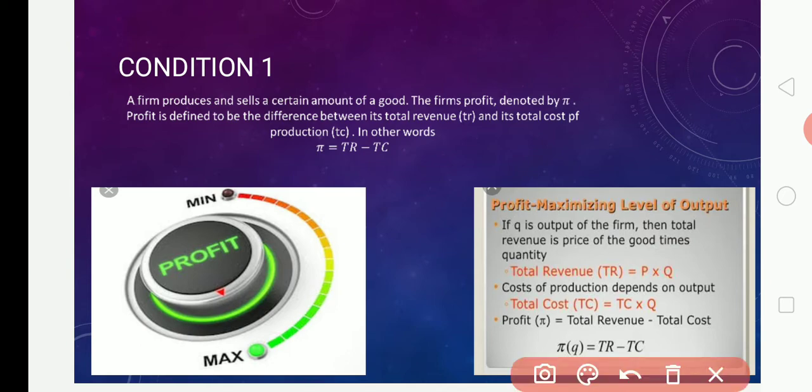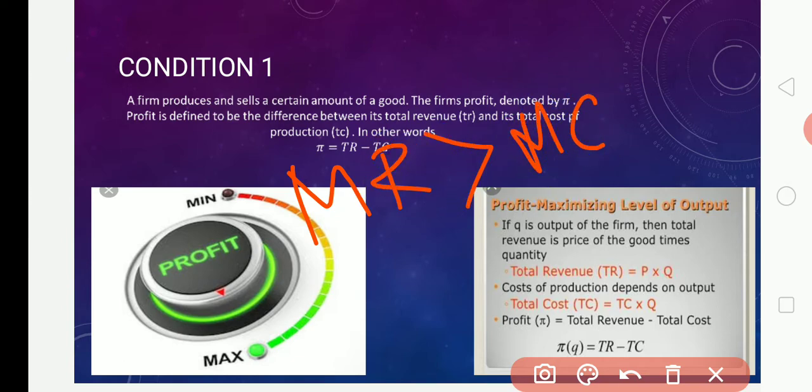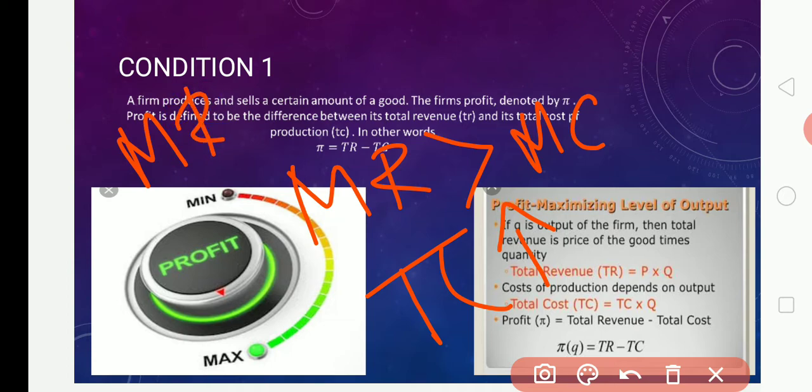Therefore we can conclude that as long as the marginal revenue is greater than marginal cost, profits will be increasing. By the same logic, as long as the marginal revenue is less than the marginal cost, profits will fall.